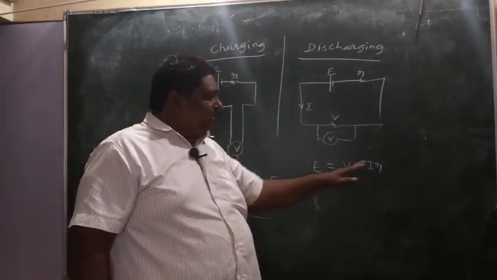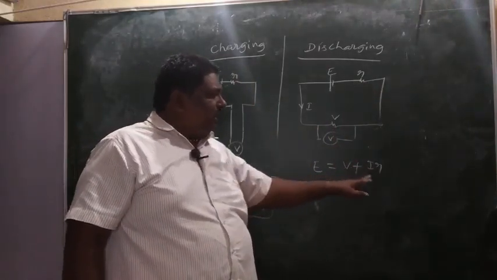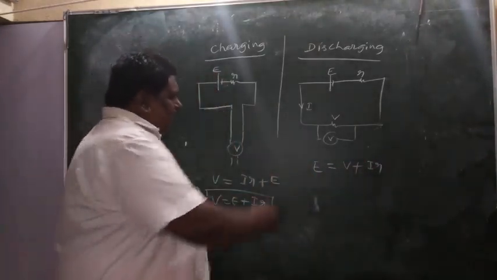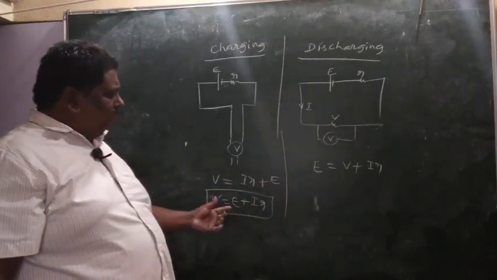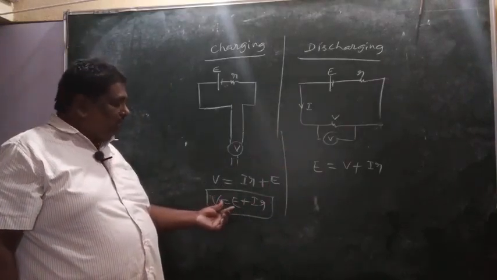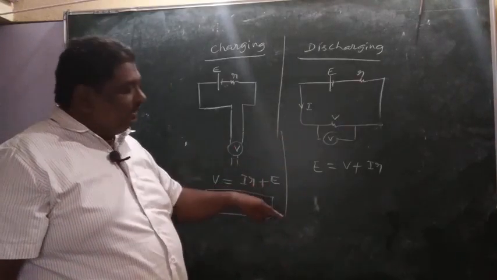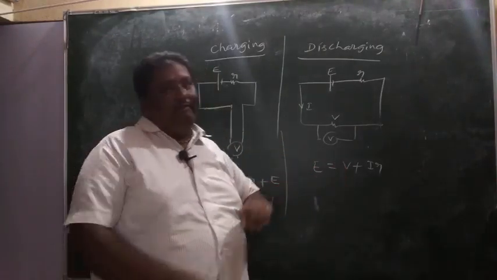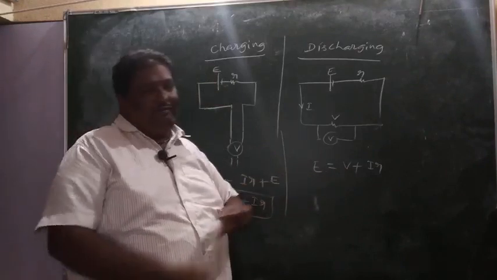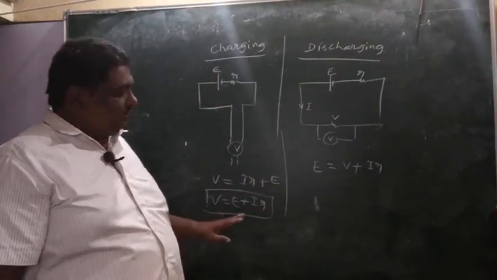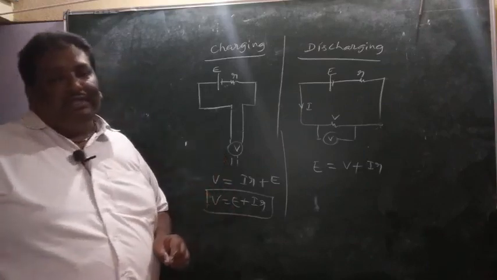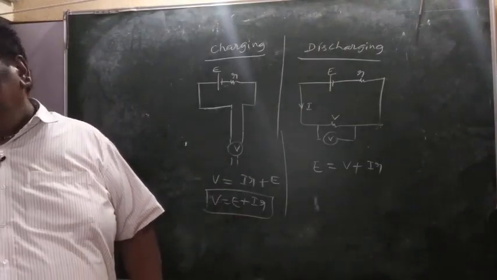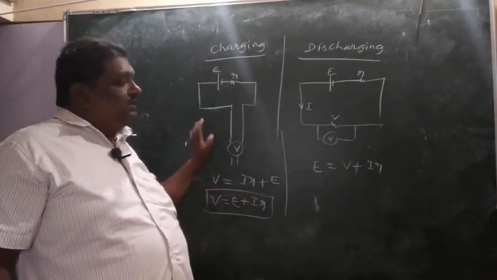So all voltages, E, V, IR, are taken in the equation. Therefore, at charging time, external voltage is more than the EMF. At discharging time, EMF is greater than the potential difference V. See this difference. So you have to read the question clearly, charging or discharging, then solve the problem.